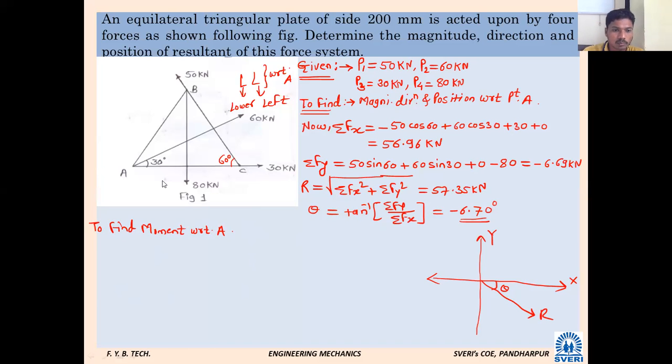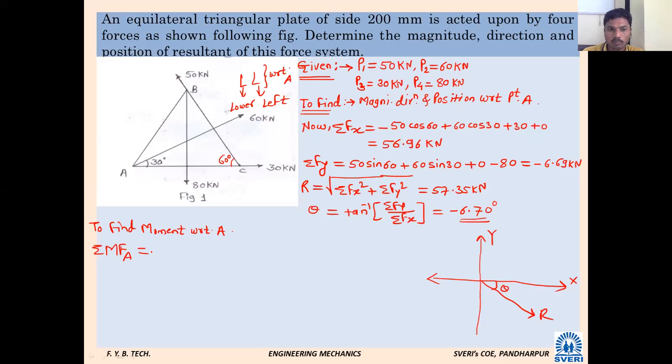First I will say summation of all the moments due to all the forces at point A equal to, likewise we will go, summation of moment due to all the forces at point A. Now each and every force we will consider.